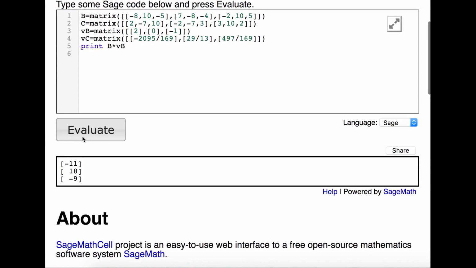If we do that, these are the coordinates of the vector 2, 0, -1 with respect to B. These are the coordinates with respect to the standard basis: it's -11, 18, -9.